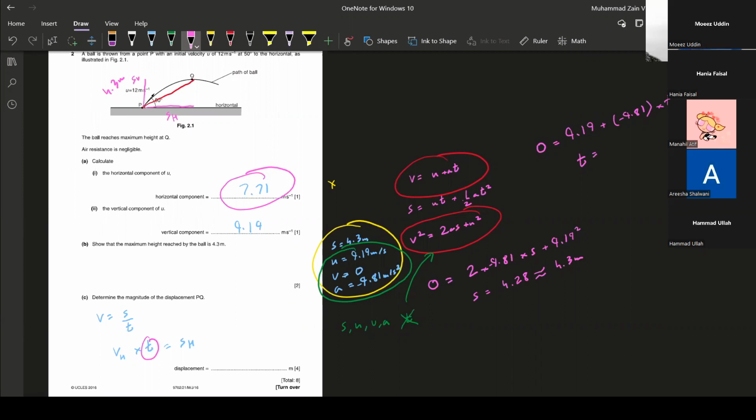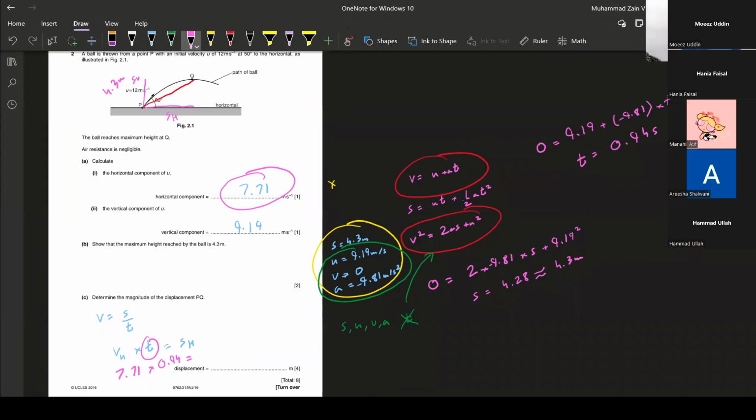Anyone? Okay, so I just did this myself. 0.94. 0.94 seconds was the time. I got time. Now what I do is I put time here. So I know the horizontal component. It is 7.71 times t, which is 0.94. And I get the displacement, which comes out to be 0.94 times 7.71.